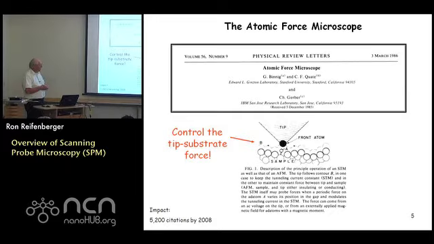What they realized was that if they could control this force between the front atom on the tip and all the other atoms in the substrate, then they could produce a microscope which could map with atomic resolution the features contained in the substrate.